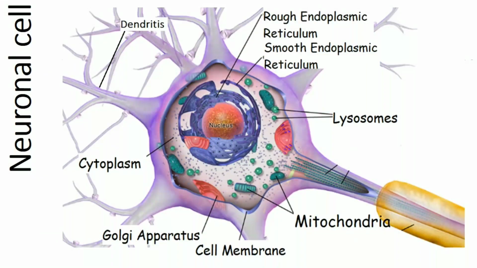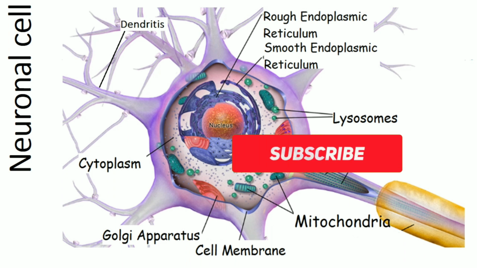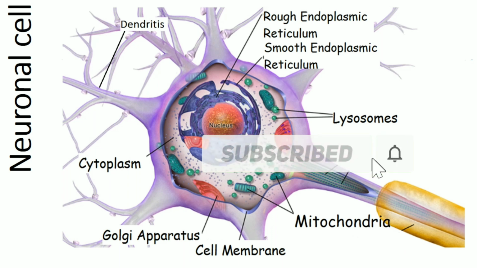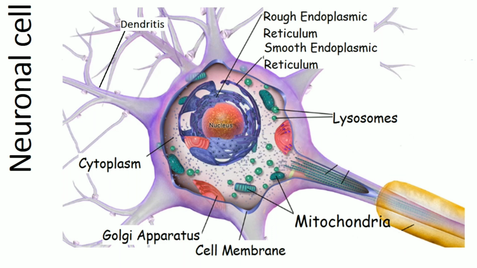This is the neuron. Here I am not going to explain the structure, just take an idea. As you can see, there is a higher amount of mitochondria in it. Because the function of the neuron is to send and receive signals from the brain, this function occurs by consuming energy.